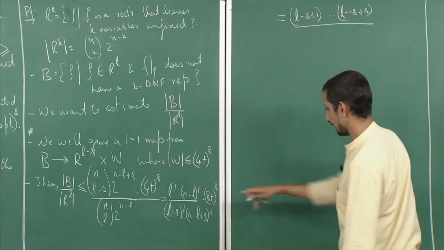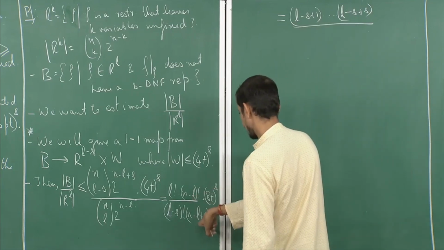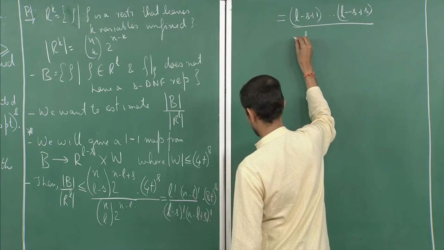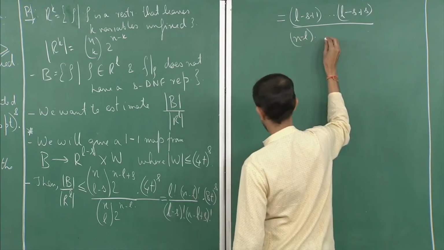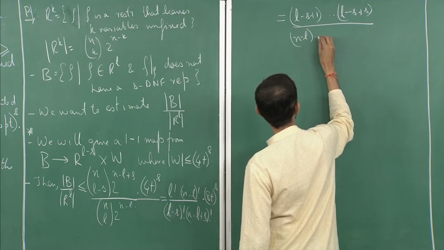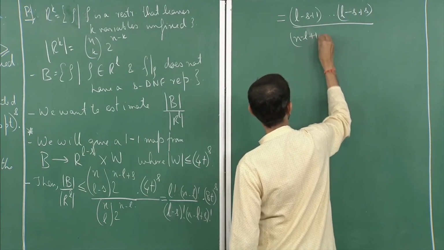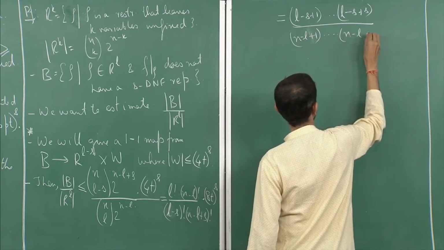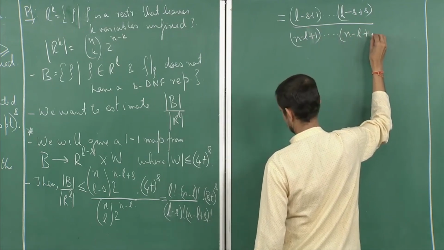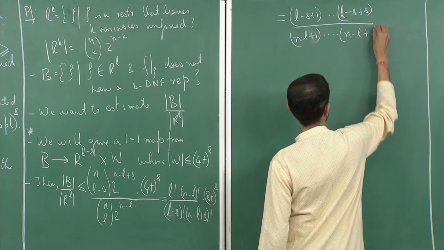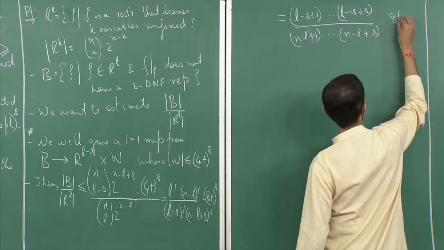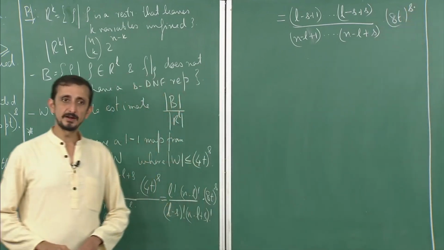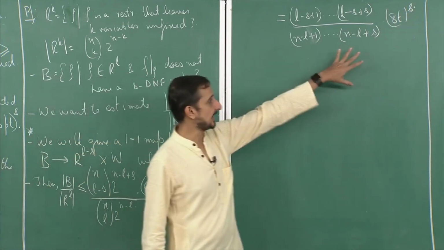There are S terms over here, divided by N minus L, N minus L plus 1, up to N minus L plus S, right. Note that both in the numerator and denominator we have a product of S terms.